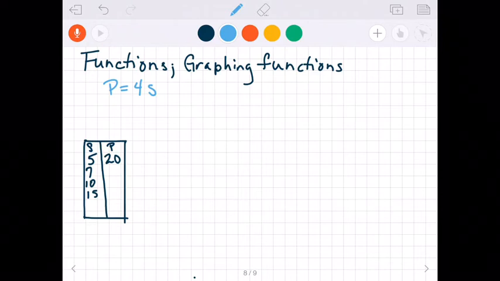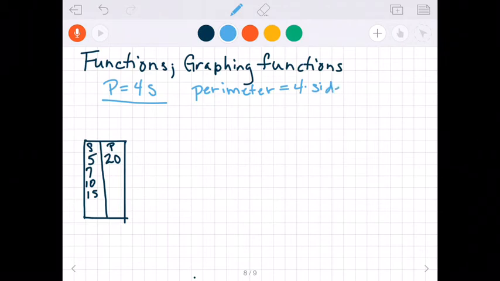This function here is actually referring to perimeter. The perimeter of a square equals 4 times the length of the side. Okay, so that's a function.